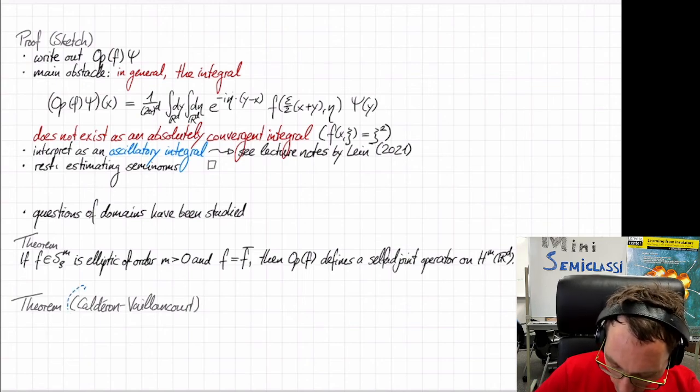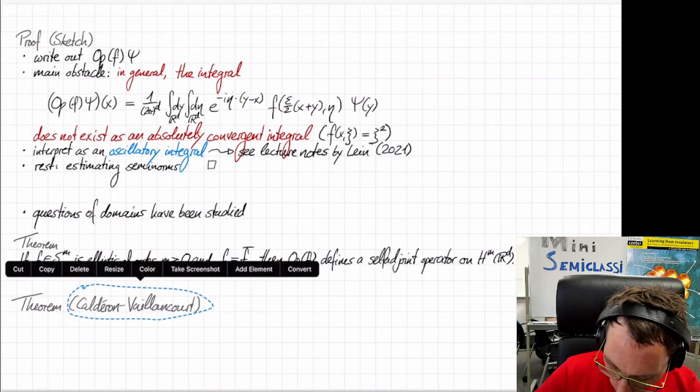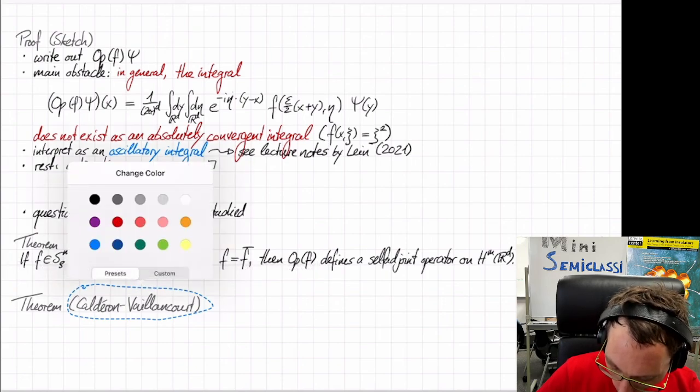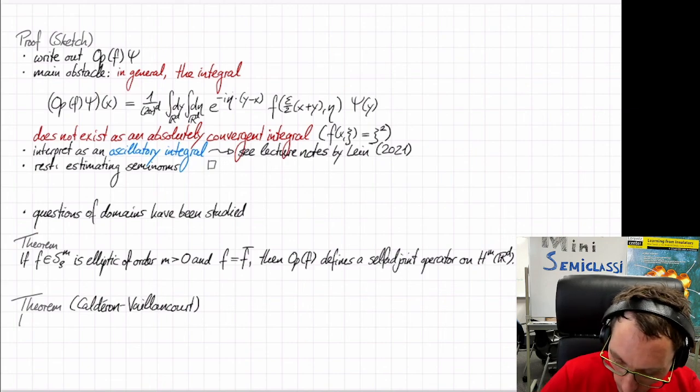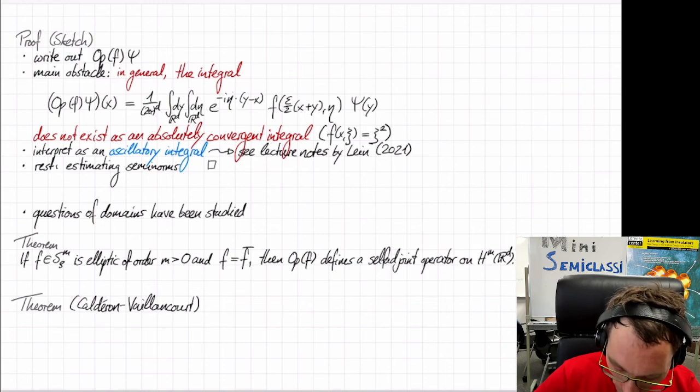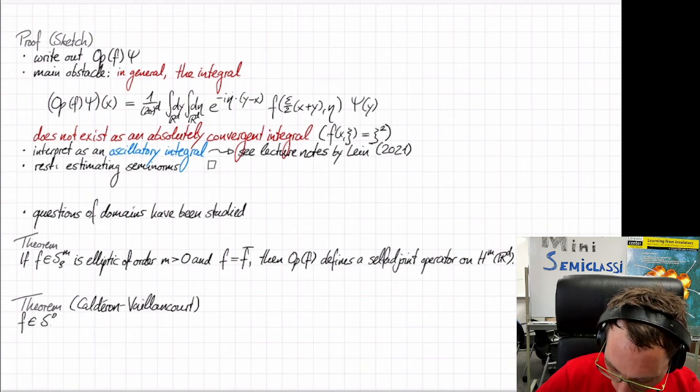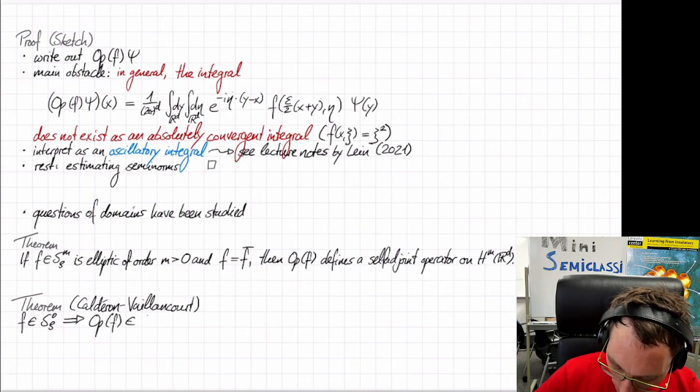And this says that if your Hörmander symbol is in Hörmander class S_0, then this implies that its quantization is actually bounded.